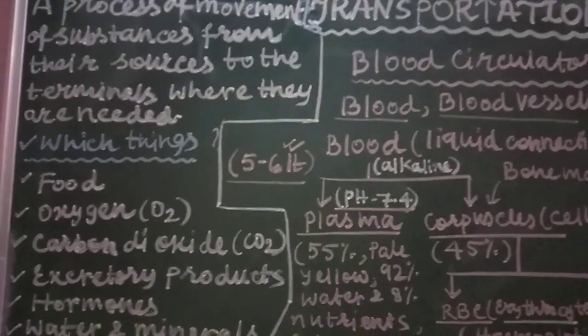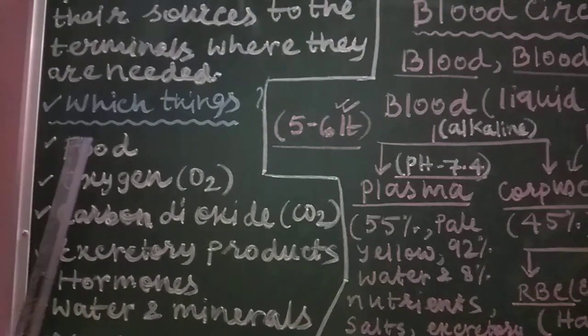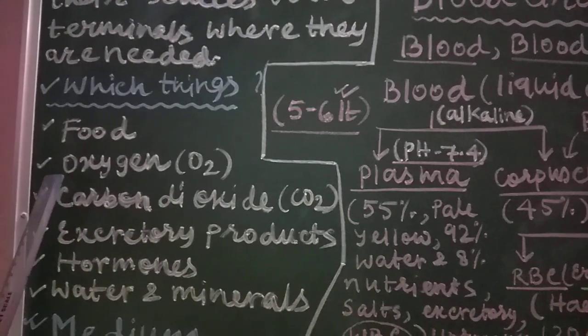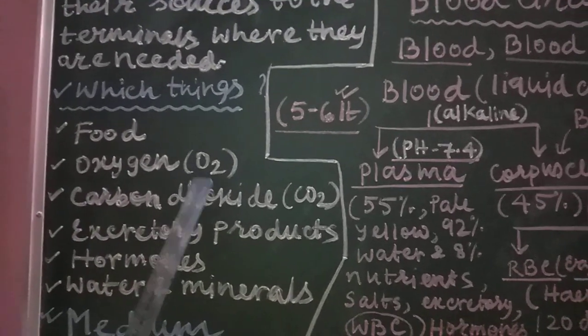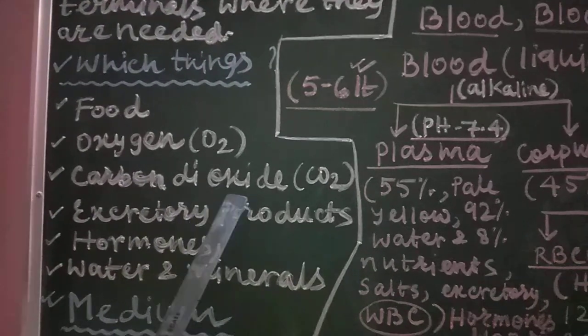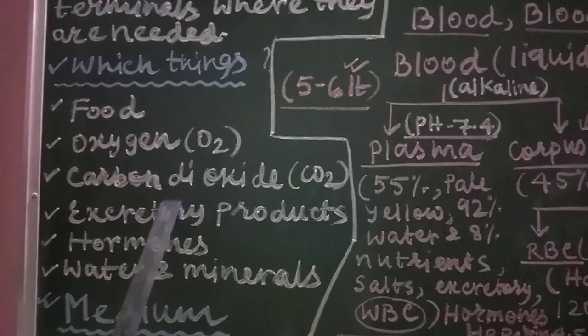What are the things which are going to be transported? First of all, food materials which are produced in the cell need to be transported. Oxygen, which is required for the process of respiration, needs to be transported through blood. Carbon dioxide gas, which is produced as a metabolic waste, needs to be transported back to the respiratory system.